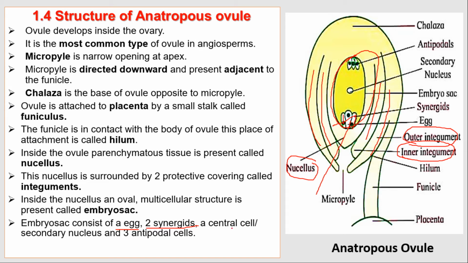At the center there is a central cell, also called the secondary nucleus, and towards the chalazal end there is the presence of three antipodal cells.